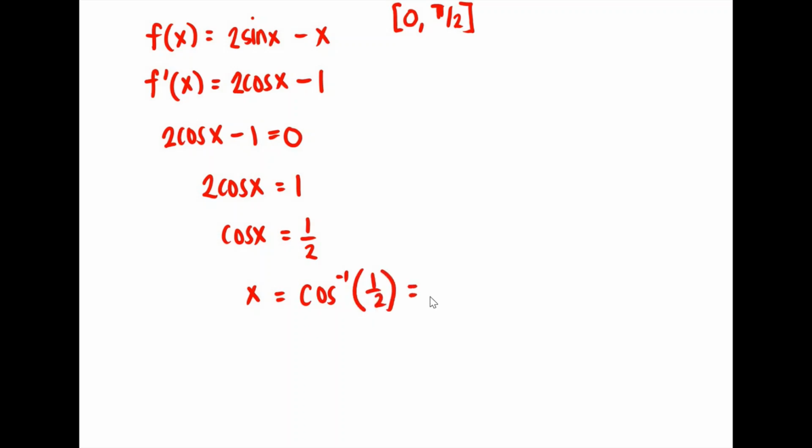And using our calculators, that will give us 60 degrees, or that is pi over 3. Right? So we will recall the lessons from our trigonometry.